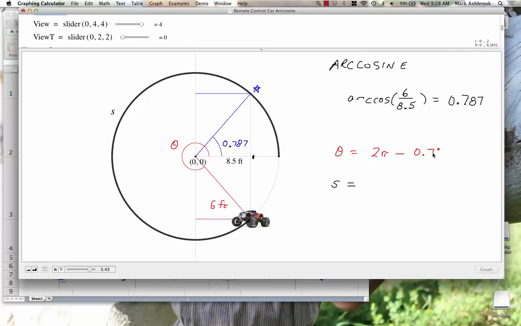This is what he did to get theta. Does it work? So, see, because it's the same horizontal distance, this openness right here is also 0.787. So our amount of openness that we want is going to be 2 pi less that right there. Another way to find theta. Does anyone do it a different way?